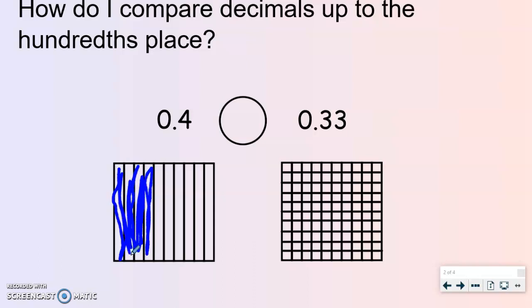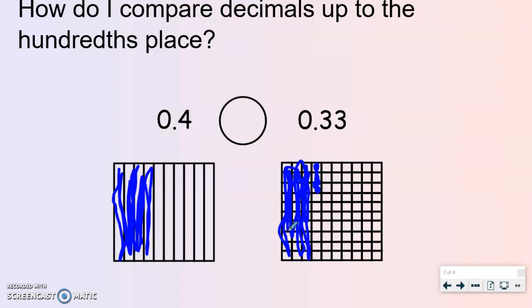Okay. And then 33 hundredths. Well, remember, there's 10 each, so I can count by 10. So 10, 20, 30, okay, and then 31, 32, and 33. All right.